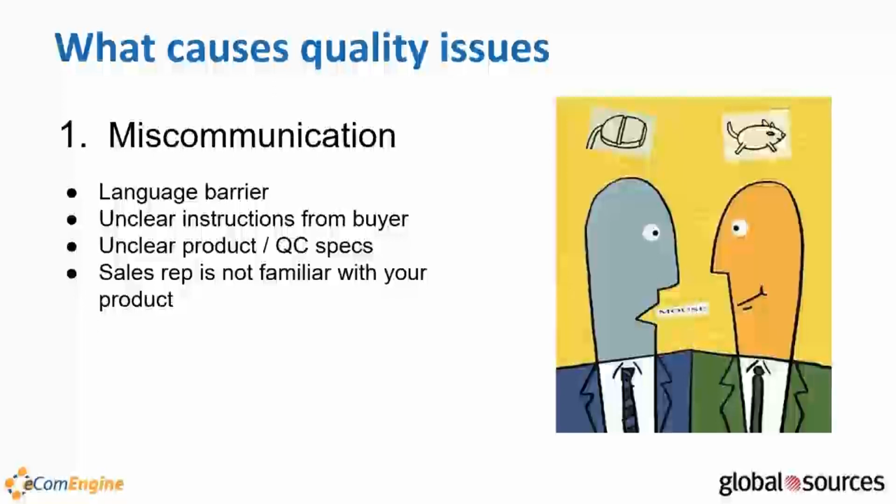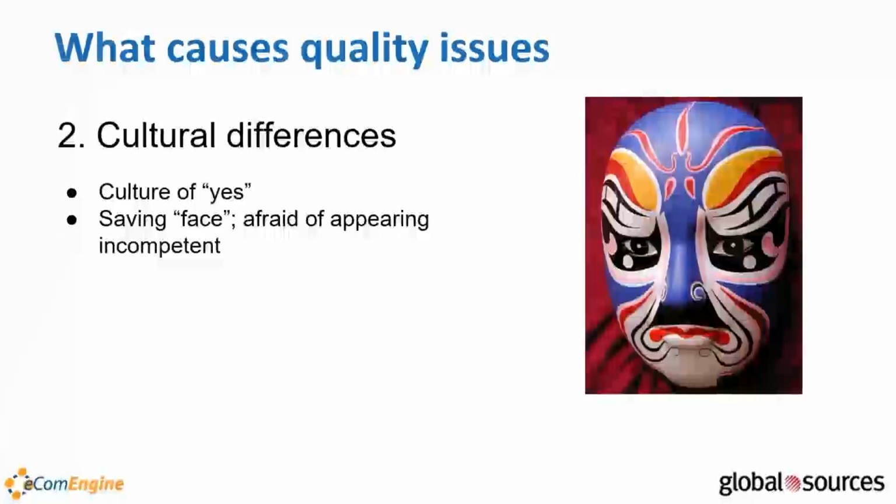Cultural differences can also cause quality issues. Sometimes your supplier will tell you what they think you want to hear, even if it's not the truth. And this can happen when the sales rep is trying to sell you on an order. For example, they might say they can produce a certain product in-house just to get your order, even though they actually cannot.